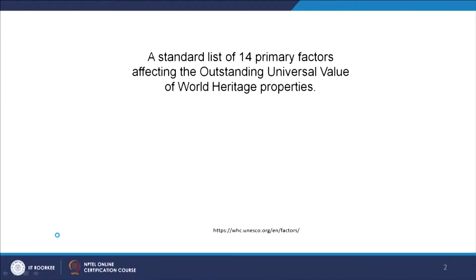Through a 2-year consultation process, they have identified about 14 prime factors affecting the outstanding universal value of World Heritage properties. I'm giving the link also: whc.unesco.org.